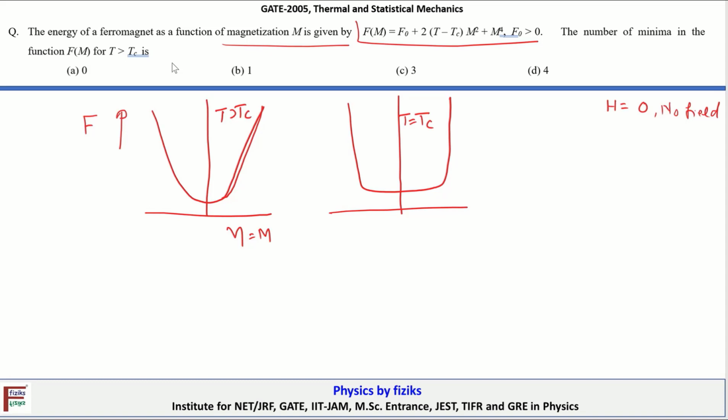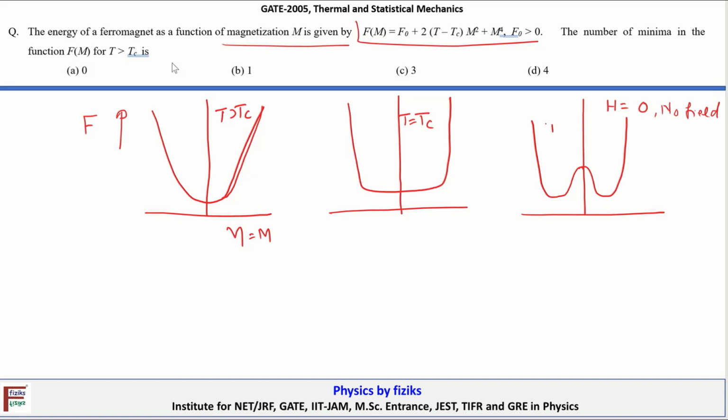These are the qualitative differences that one must keep in mind while talking about the free energy in a magnetic system. And in the third case, when we are talking about the temperature smaller than the critical temperature, it is something like this.